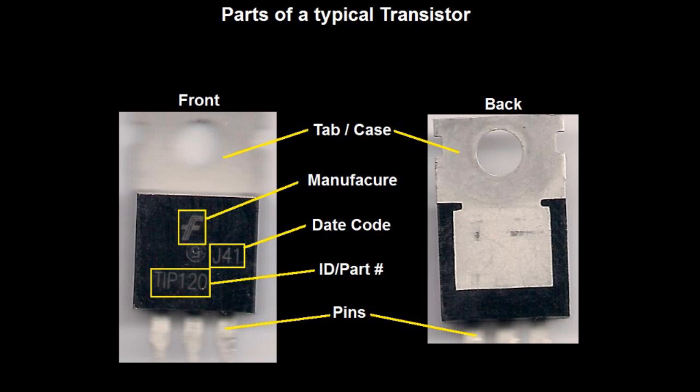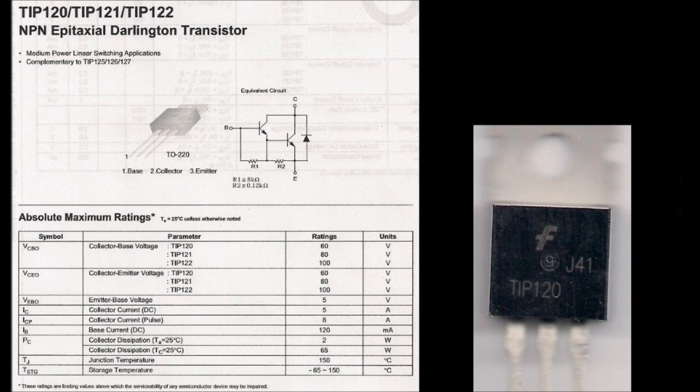When you look up the part numbers or the identification numbers on the internet, you'll want to look for something in PDF format or data sheets. This data sheet will give you all the information pertaining to that single transistor. As you see here, this one pops up.